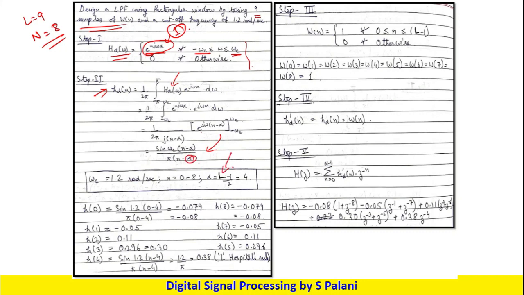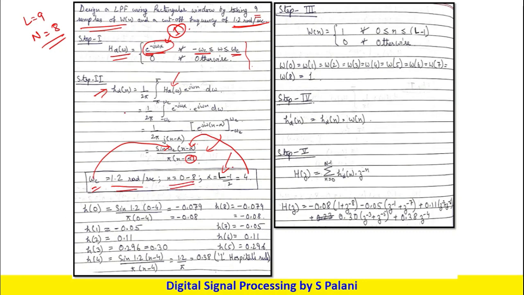Now what is this alpha? Alpha is nothing but (L minus 1) by 2, which is equal to 4. Omega c we are already given as the cutoff frequency 1.2 radians per second, so you can put it over here. Alpha is 4, it is a constant, and it is dependent on the order or the length of the filter, right? So n we have to vary from 0 to 8.